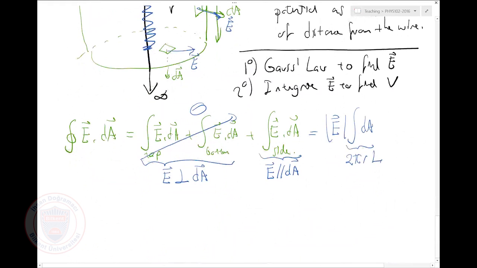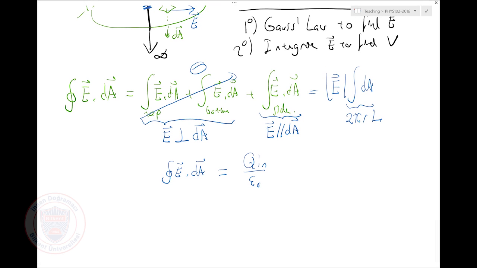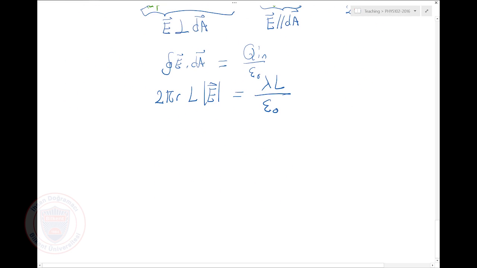Now I know Q in, I know E dot dA, so I can write Gauss's law. Q in over epsilon 0. E dot dA I just calculated to be E times 2 pi r L. Q in is lambda times L divided by epsilon 0.